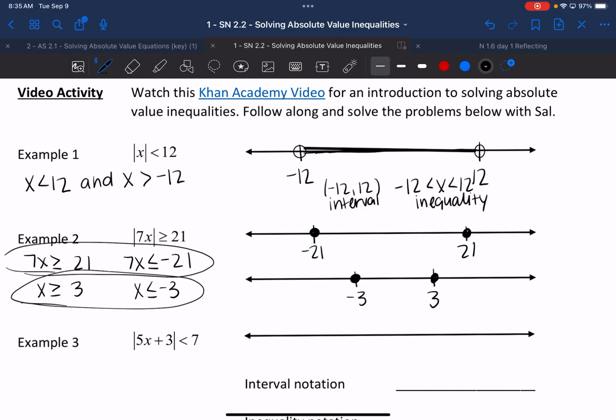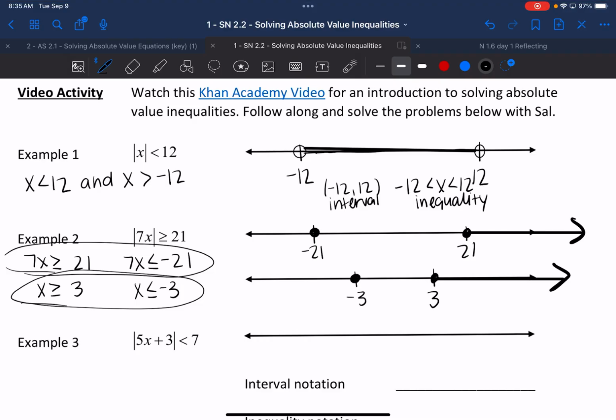Okay, and looking at these two here, whenever we had our 21 and our 3, x was greater than those, right? So which direction is that headed? Okay, so both of these would be headed this way.